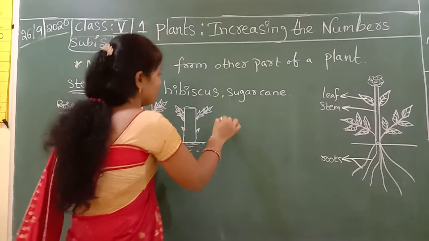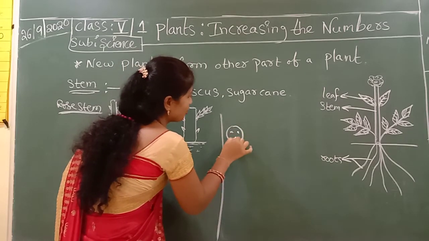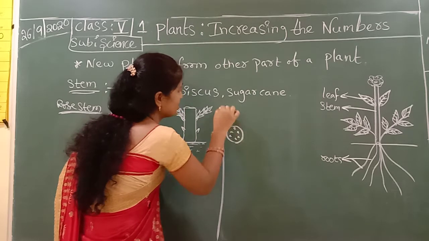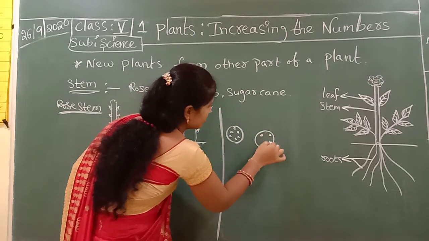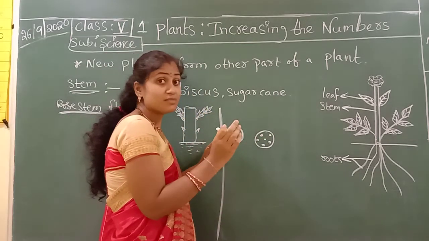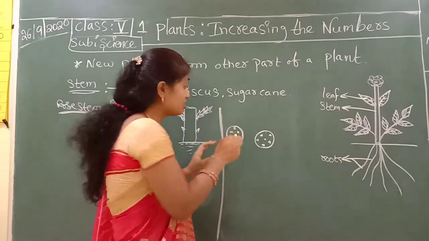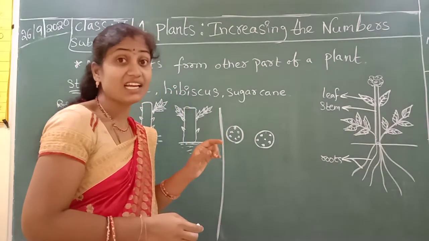So first of all, this is the potato. What is this? Potatoes. Okay, listen children. Sometimes we observe some potatoes with dots that look green in color.